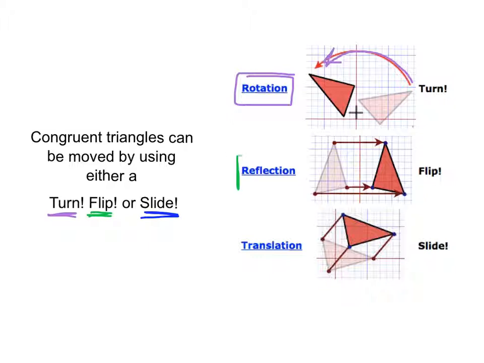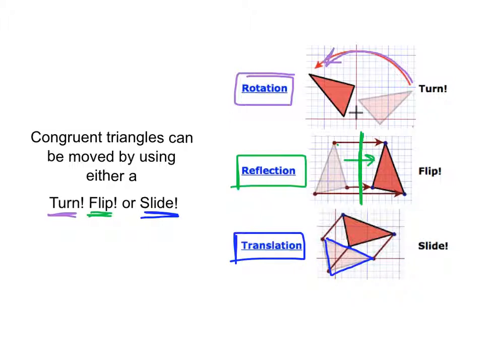With a flip, that's a reflection. Notice here, they flipped it over our y-axis. They took the y-axis and made a mirror image over that. And then a slide is called a translation. What you do is take your initial triangle and move all 3 points the same distance, and then form a new triangle between those points.